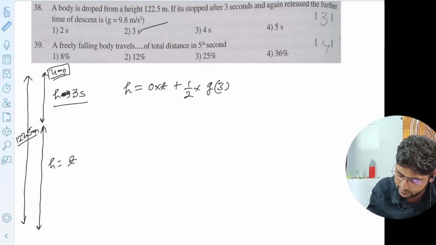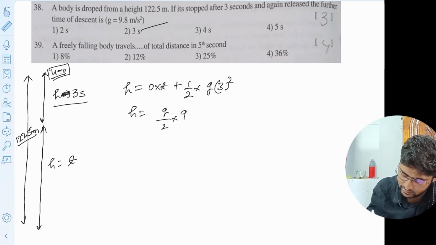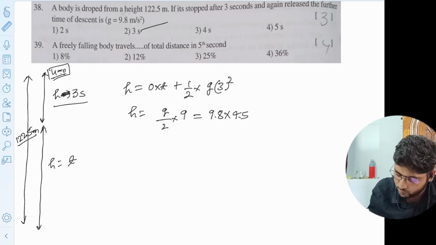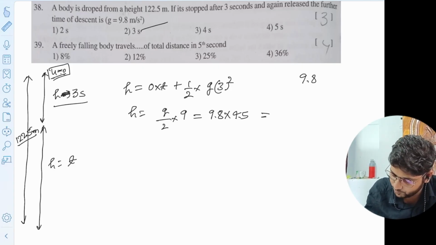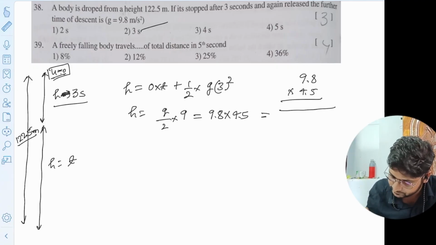Time equals 3 seconds, 3 second square. So height will be g by 2 into 3 square, 9. So 9 by 2 equals 4.5, into g. 9.8 into 4.5, this is the height. So multiply it, 9.8 into 4.5.